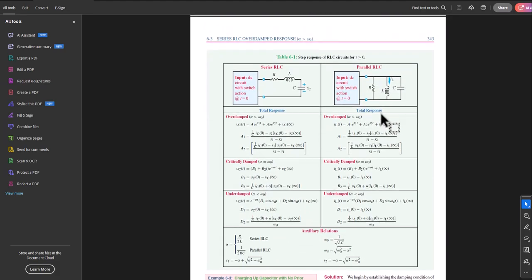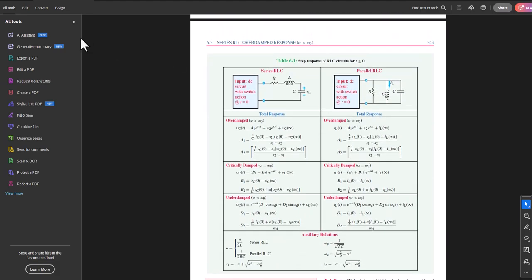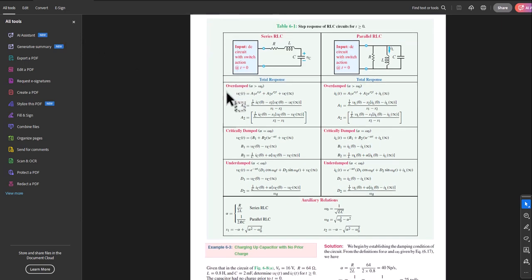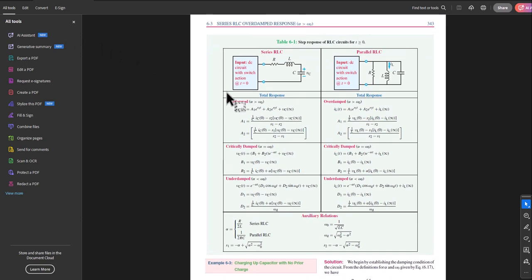There we go. Okay. So you have these sets of equations, and I believe I've worked a couple problems like this with you, and I have others that are online using these. You get your circuit in this form, and then you just find out what kind it is, and plug and chug and find the answers.